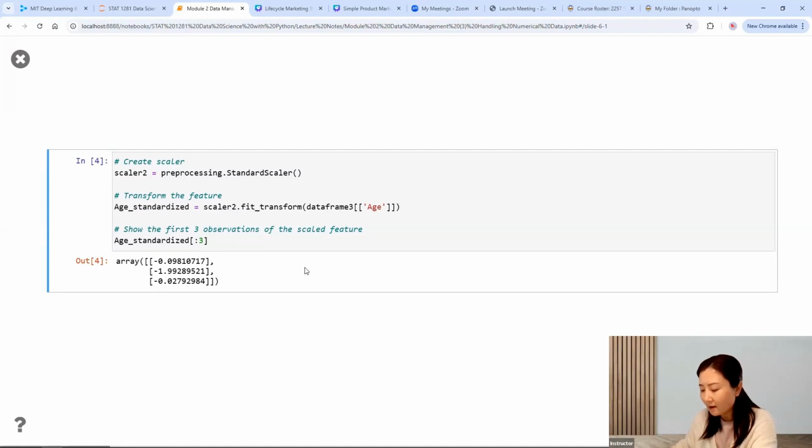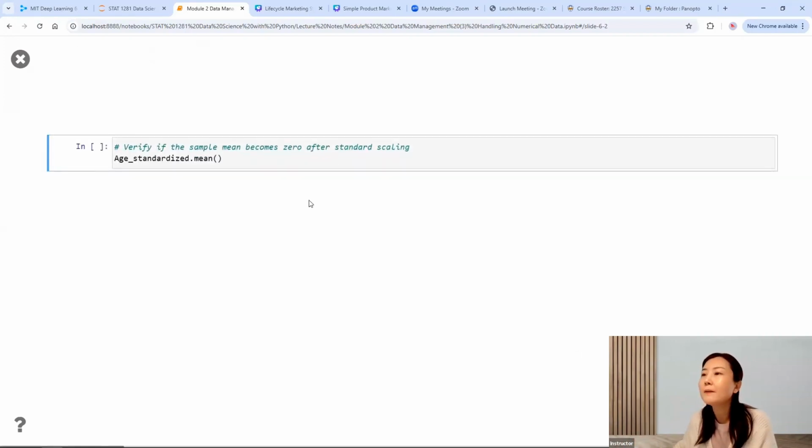Notice that after we standardize, the values are not bounded. However, the mean and the standard deviation are fixed: the mean is equal to 0 and the standard deviation is equal to 1. But there is no lower bound or upper bound for the transformed values. So this is standardization.